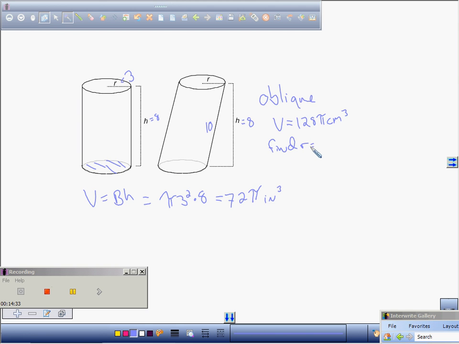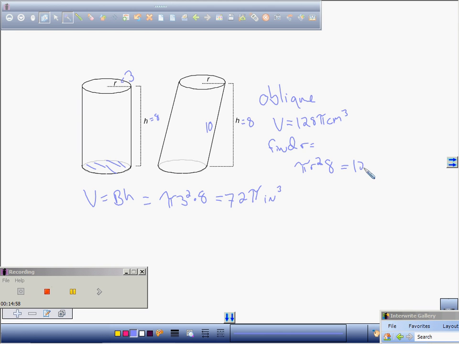So what I'm going to do is I know the formula for this is going to be pi r squared times h. And in this case, don't use the 10. H is the height perpendicular to the base. So that's 8, not 10. Okay? And that's where they try to trick you.